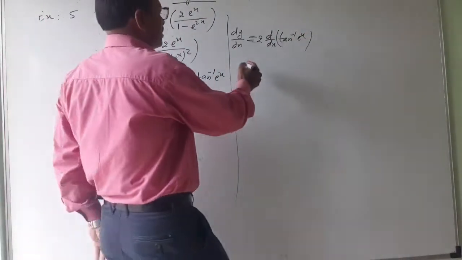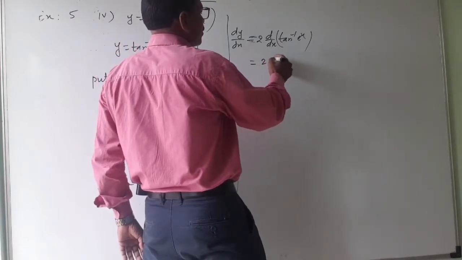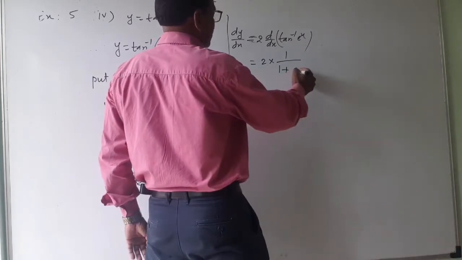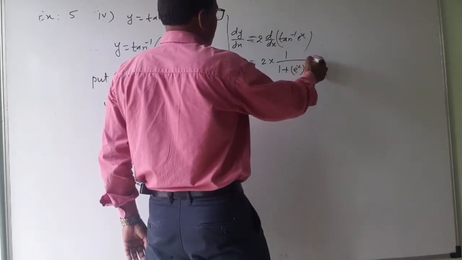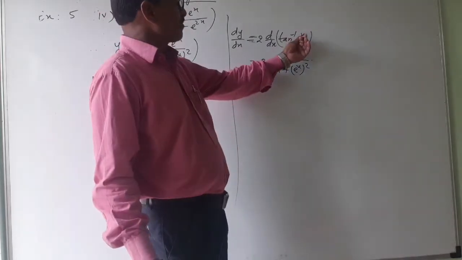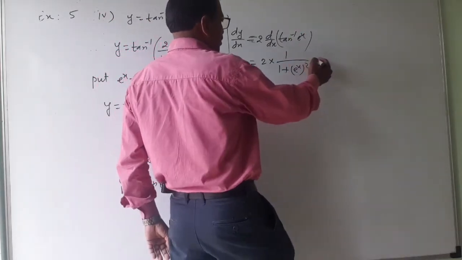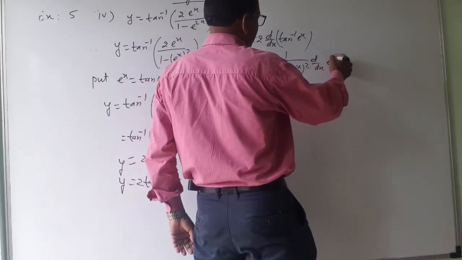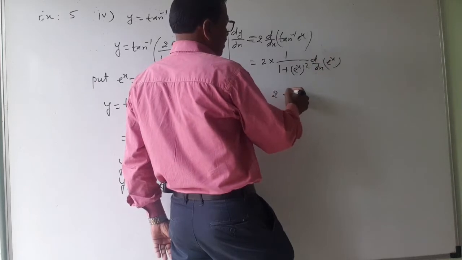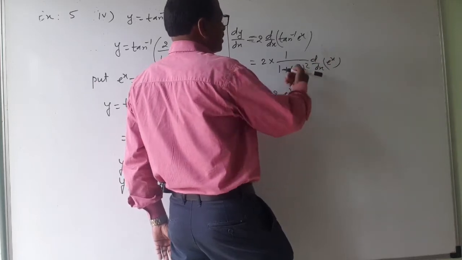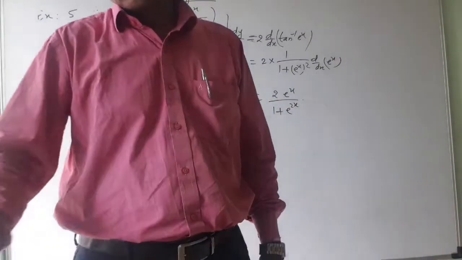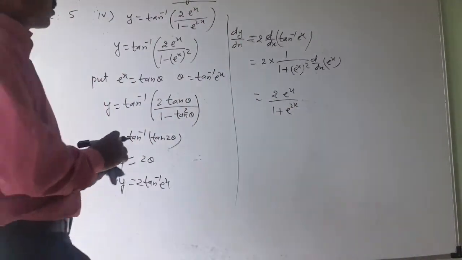Derivative of tan inverse x is 1 upon 1 plus x square. At the place of x it is e raised to x, its square, into d by dx of e raised to x. That is equal to 2, derivative of e raised to x is e raised to x, upon 1 plus e raised to 2x. Finished. So hope that you have understood this also.